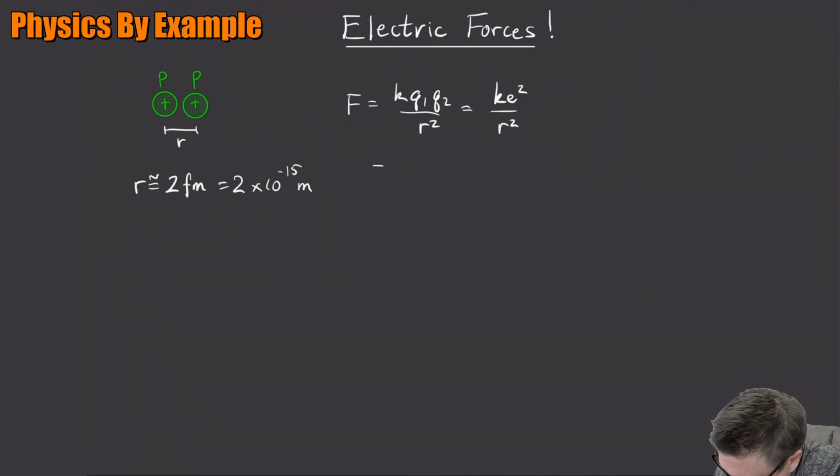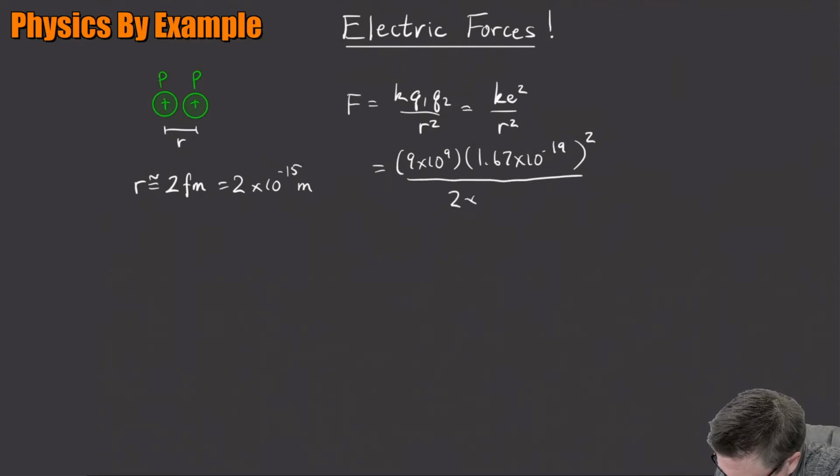So this is 9 times 10 to the 9th, E is 1.67 times 10 to the minus 27. Whoops, that's not true. That was the mass. 10 to the minus 19th squared. And then this distance is 2 times 10 to the minus 15th squared.